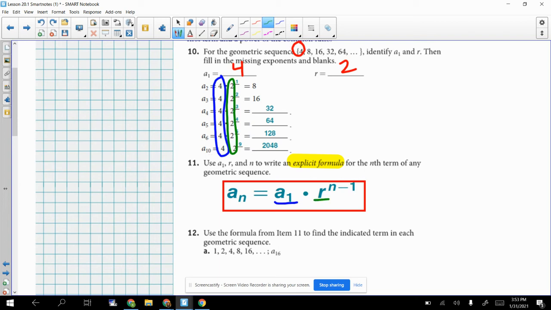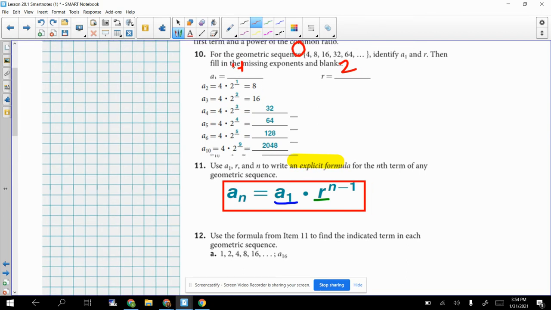And then if you look at your exponent here, it's being raised to the power of whatever term you're looking for minus 1. So that's where this n minus 1 comes from. Okay. So this is your new formula, and I want you guys to write that down.